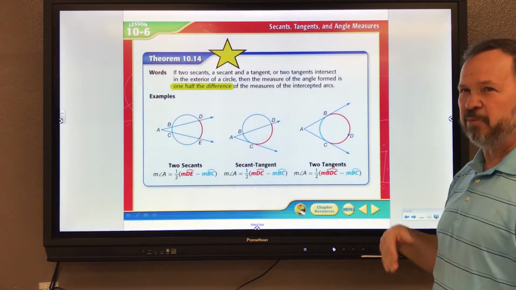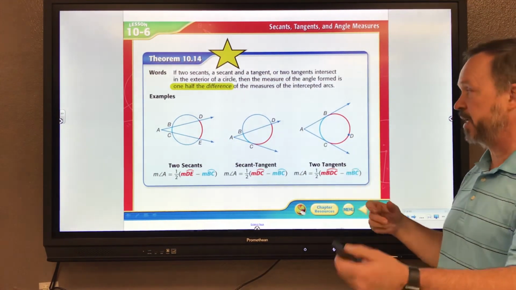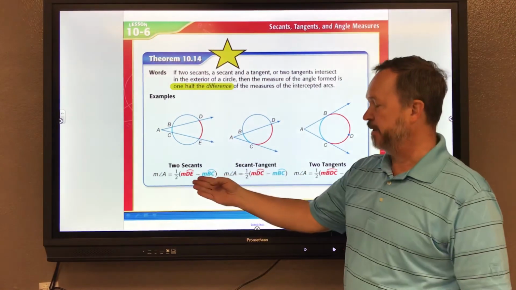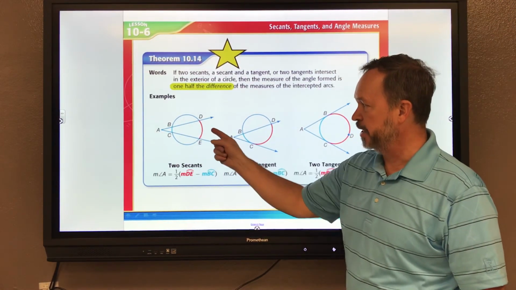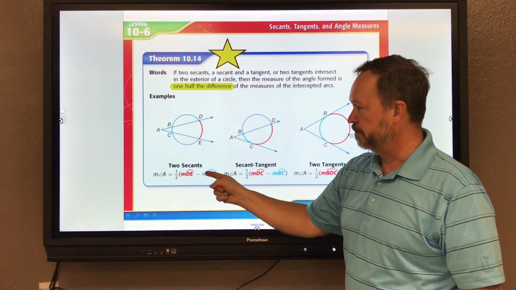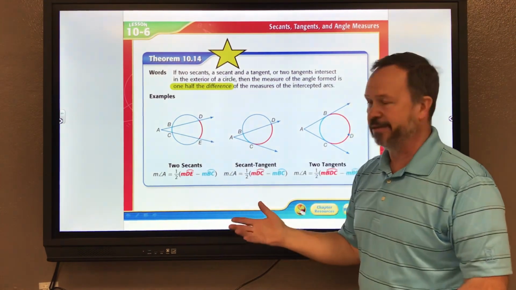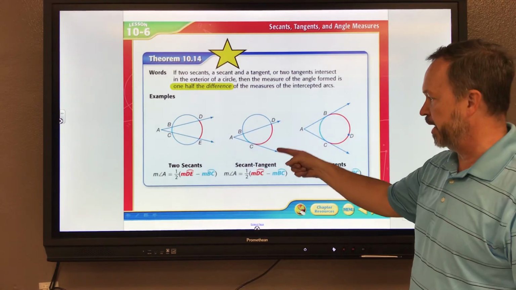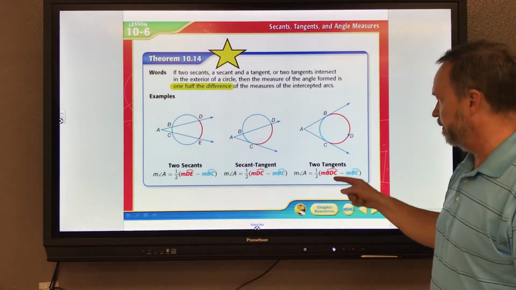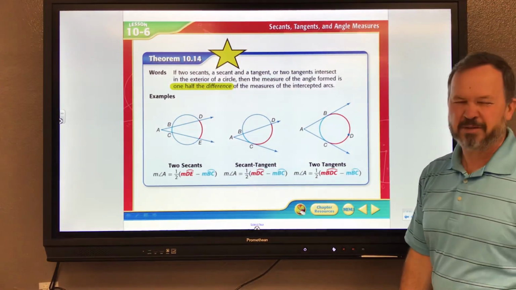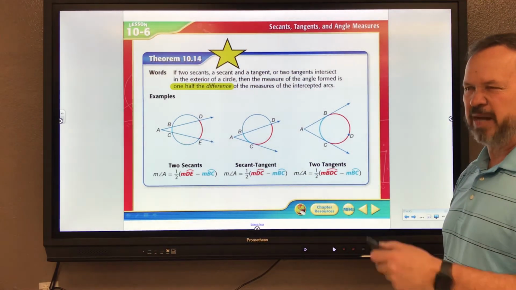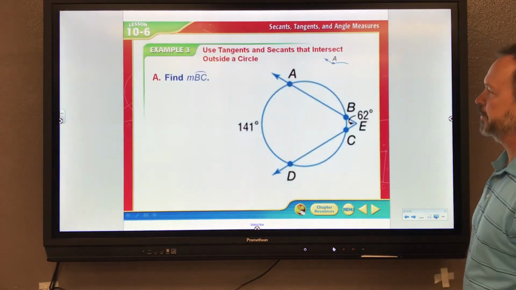It's similar, but different because one's interior, one's exterior, and we just have to know that. So it's half the difference of the two arcs. Of course, looking at this picture, it's the big arc minus the little arc. Otherwise, you get a negative number if you subtract the big one from the little one. That would make no sense.